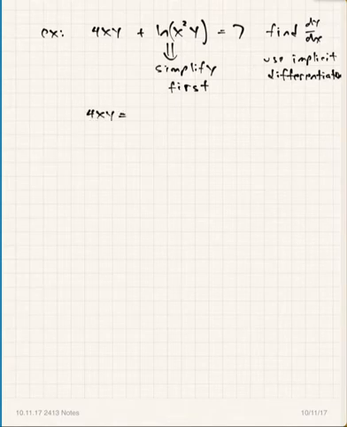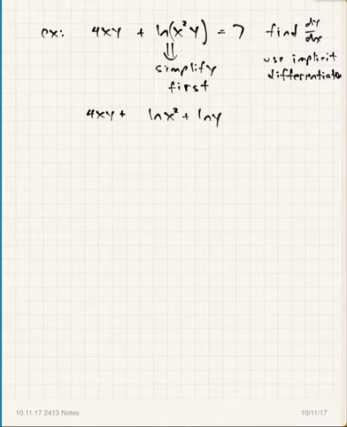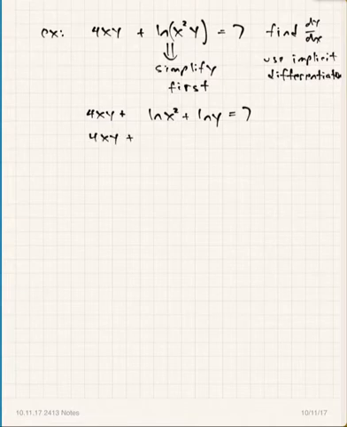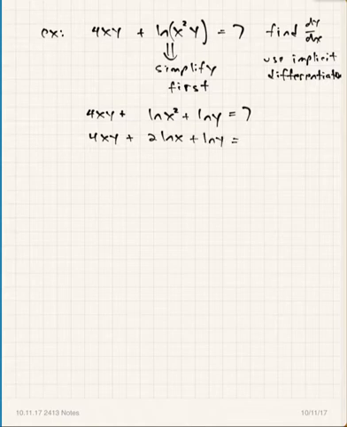So you have 4xy plus the natural log of x squared plus the natural log of y equals 7. And so you'd have 4xy plus 2 natural log x plus natural log y equals 7. Now differentiate.